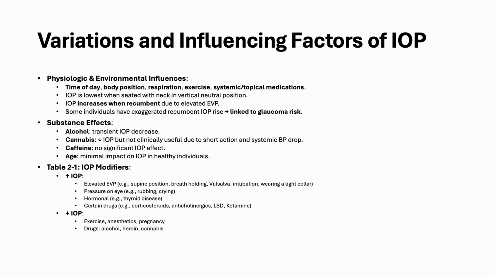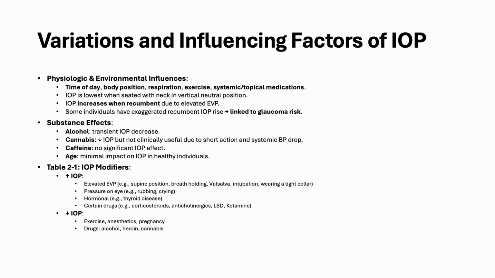The textbook also highlights common modifiers of IOP in a helpful summary table. Pressure tends to rise with elevated episcleral venous pressure, such as when lying down, holding breath, during Valsalva, intubation, or even wearing a tight collar. Rubbing the eyes or crying can also increase pressure, as can hormonal imbalances like thyroid disease and various drugs including corticosteroids, anticholinergics, LSD, and ketamine.